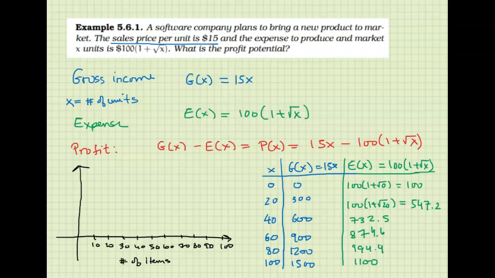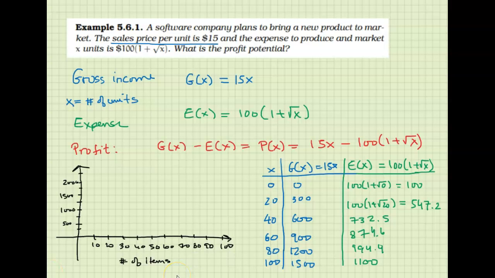Here I want to go to about 1500. So 1, 2, 3, 4, 5, 6, 7, 8, 9. Let's say this is 500, 1,000, 1,500, and 2,000.